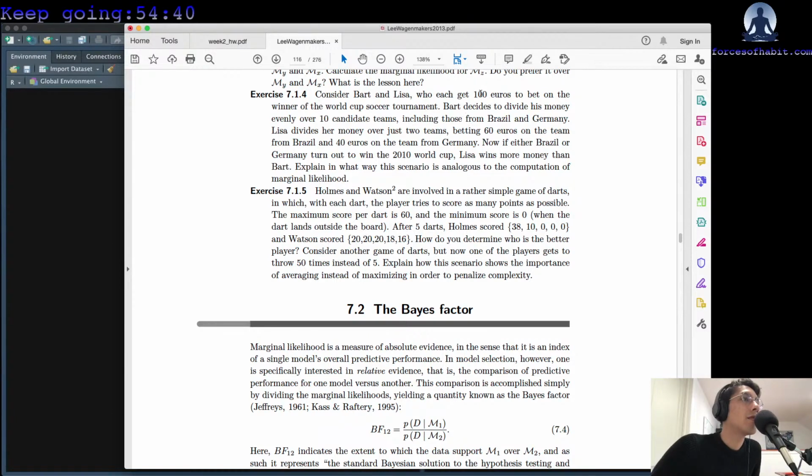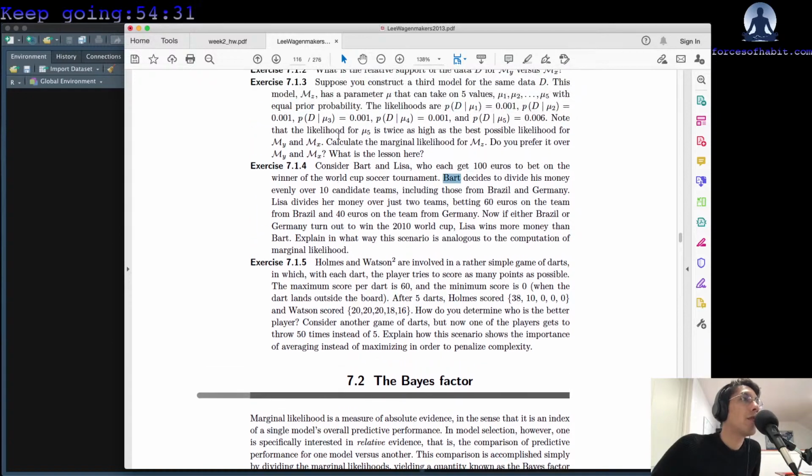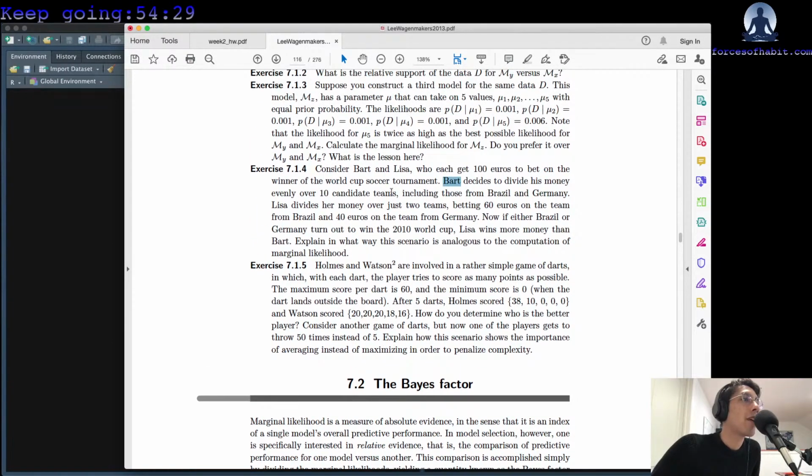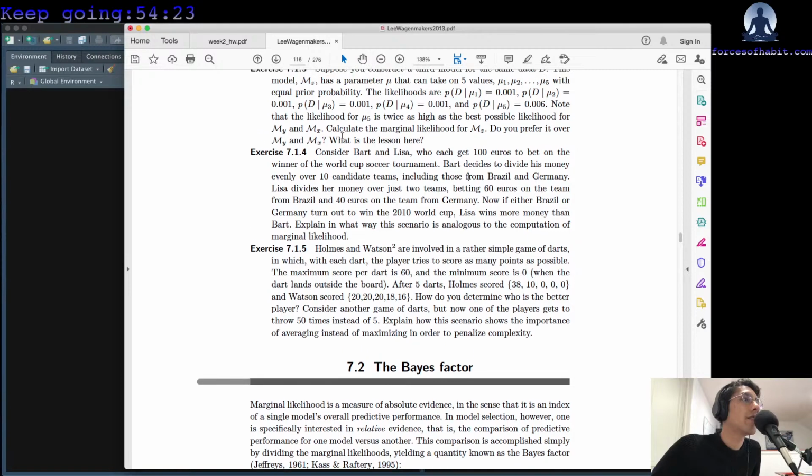So they both have $100, a finite set value. And Bart distributes his widely across a variety of predictions. Think about it, he's breaking all the rules here. It's distributed widely. He's making it more complex in terms of the number of predictions that his model can maintain.